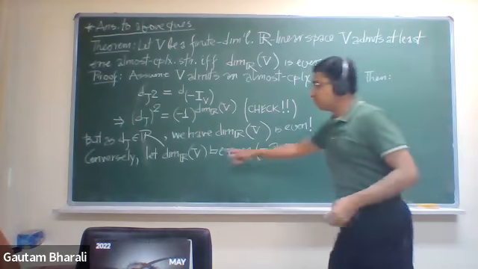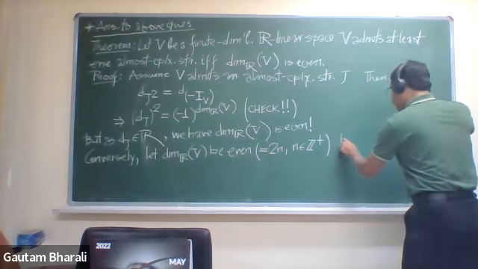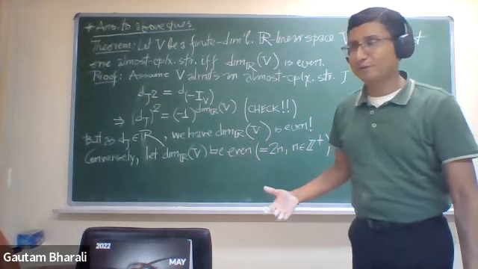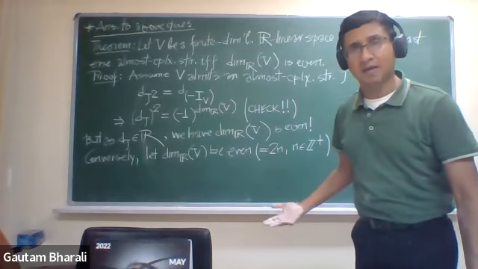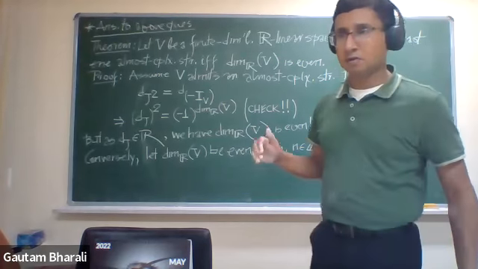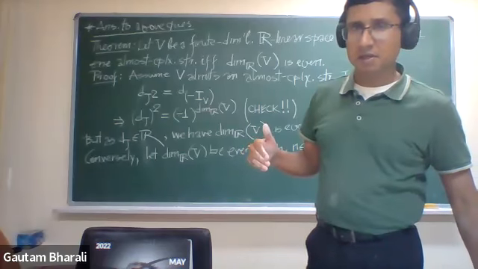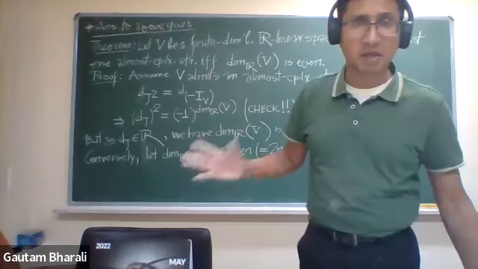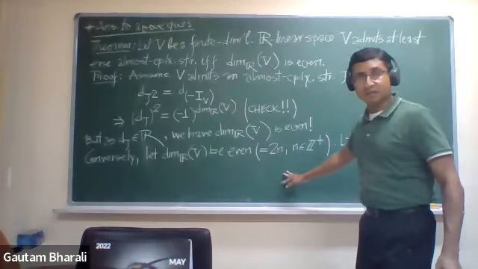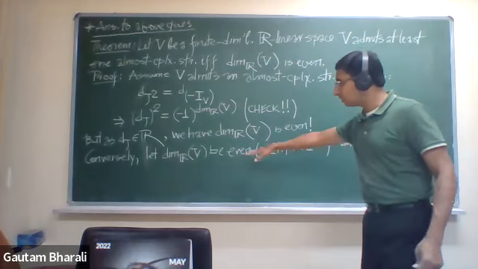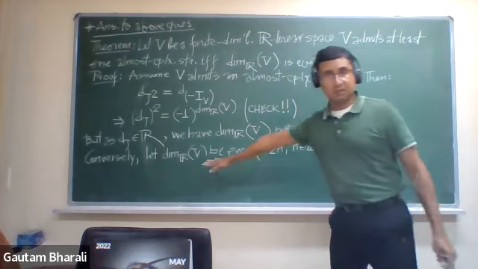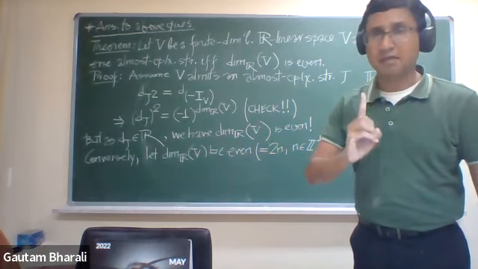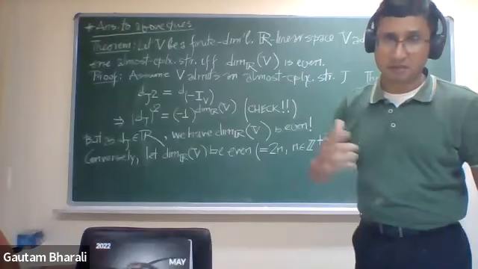Now, this being finite dimensional, I am really going to follow the same strategy, kind of blindly, for how the J sub D map was defined. Why did I make that statement? Because what is the converse statement? Assuming that the dimension of V is even, I just need to produce at least one almost complex structure. That's all I need.